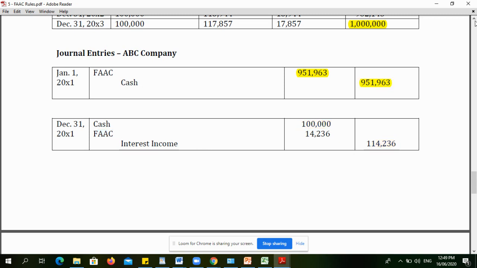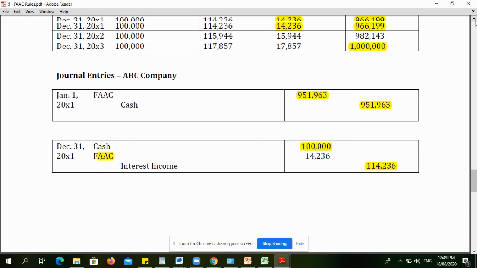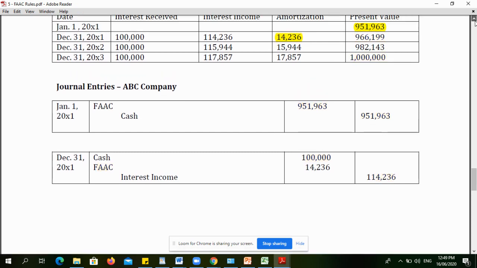It's on the debit side because, going back to the amortization table, we add the amortization to the present value so that it increases. So, here we increase the FAAC account.